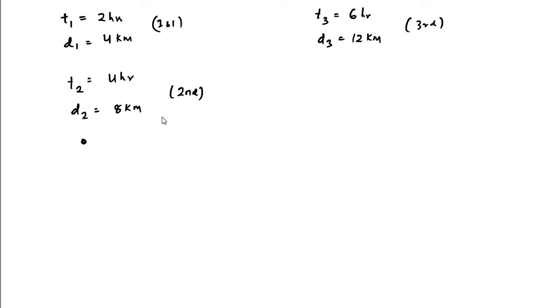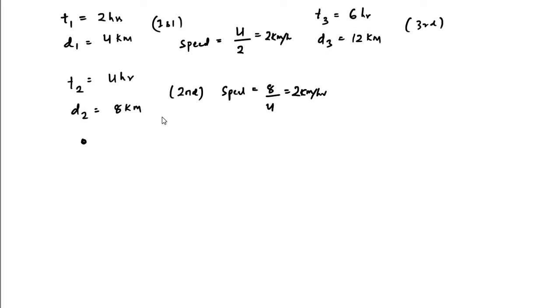So in the first time slot, the speed is distance by time, 4 by 2, which is 2 kilometers per hour. In the second time slot, speed is distance by time, which is 8 kilometers by 4 hours, which is again 2 kilometers per hour.